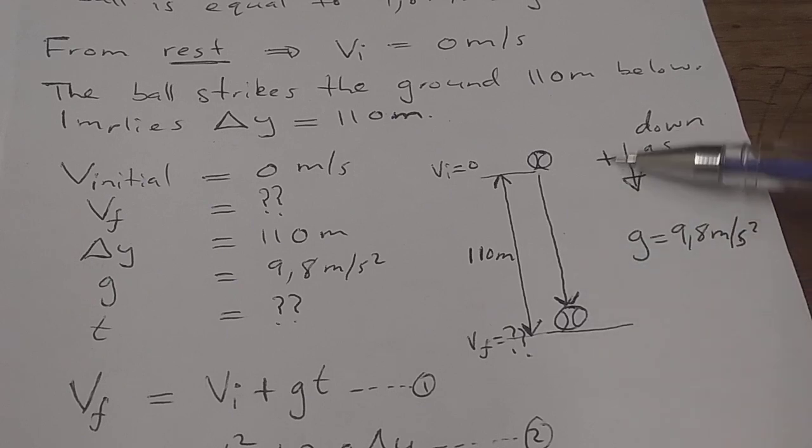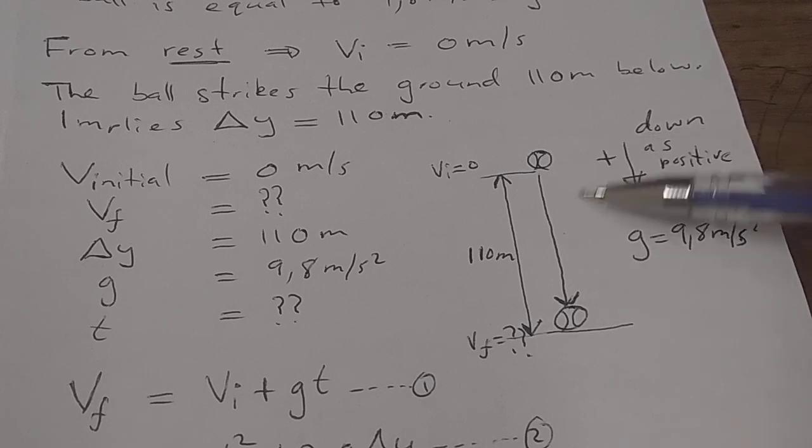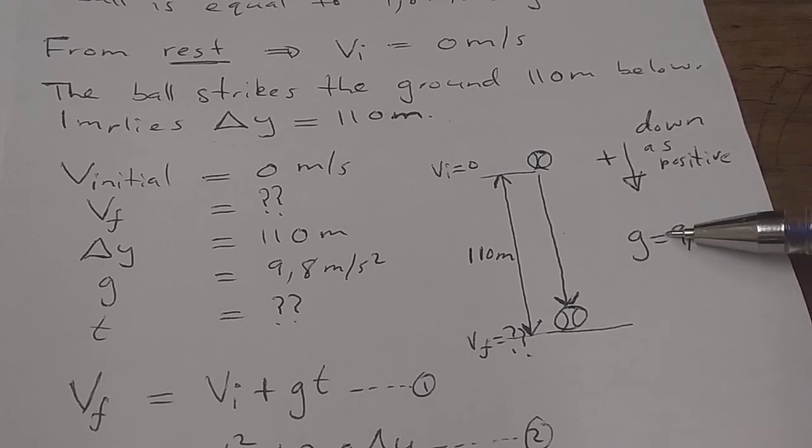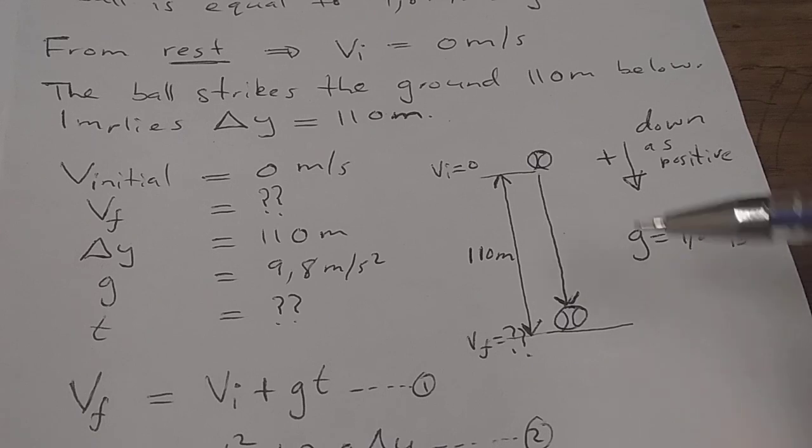So we take downwards as positive, which implies that our acceleration due to gravity is positive 9.8 meters per second squared. But if we take upwards as positive, our g is going to change to become negative. But now since we chose down as positive, our acceleration due to gravity is positive.